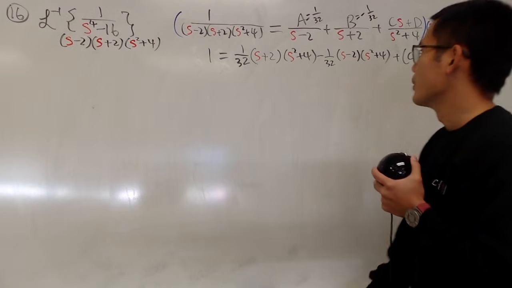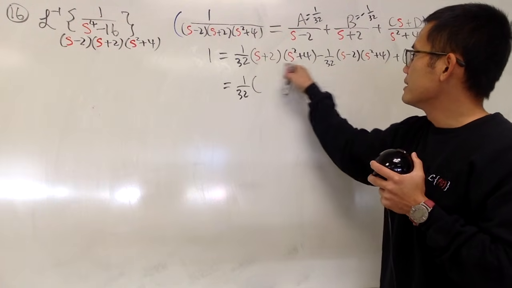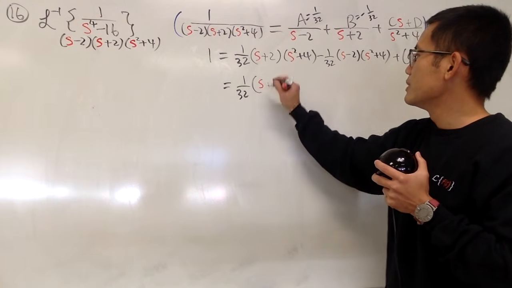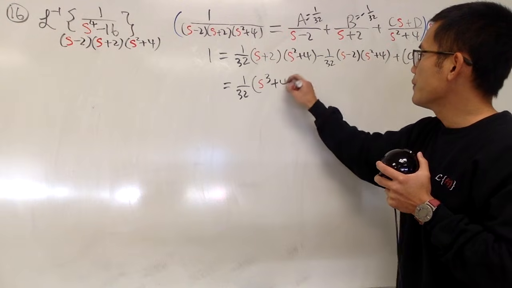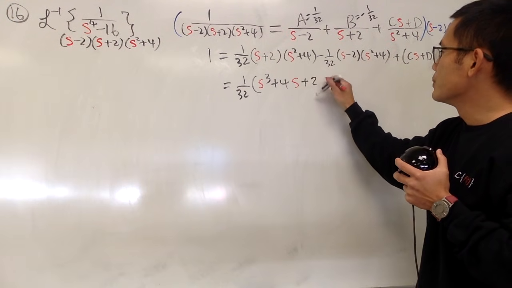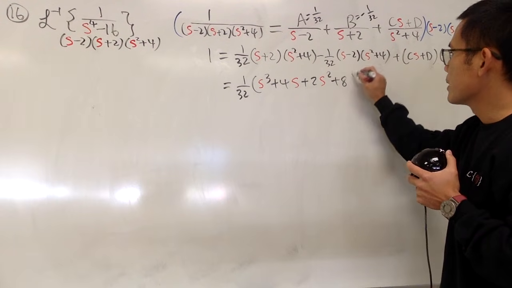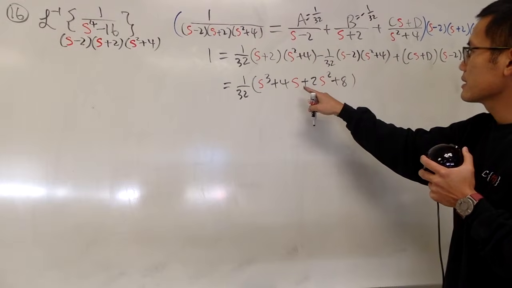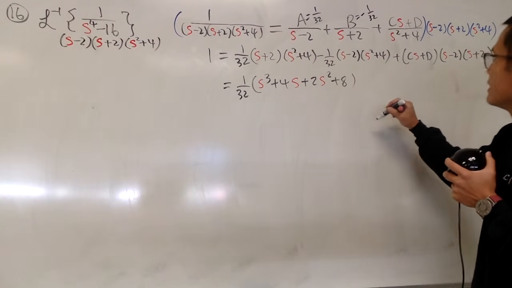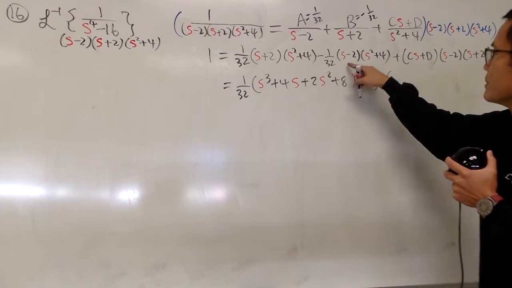Just work that out real quick. So here is 1 over 32. This and that is s to the third power plus 4s, and then plus 2s squared, and then plus 8. Am I right? Yes. And then the next part is minus 1 over 32 times pretty much the same thing.